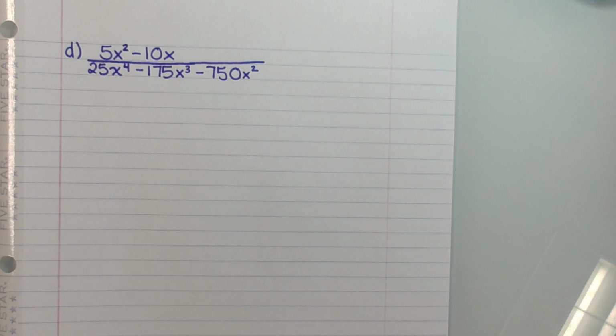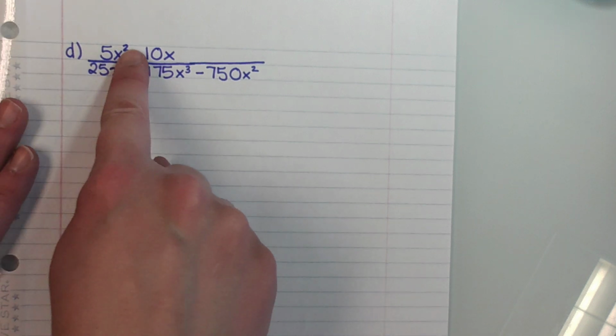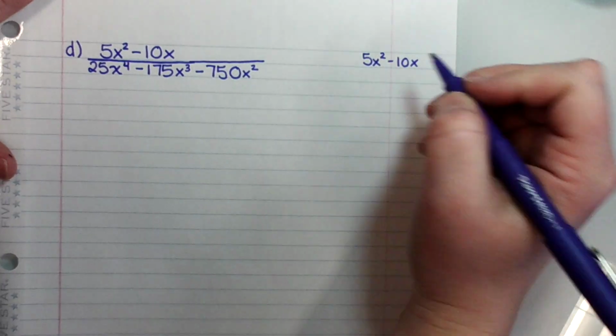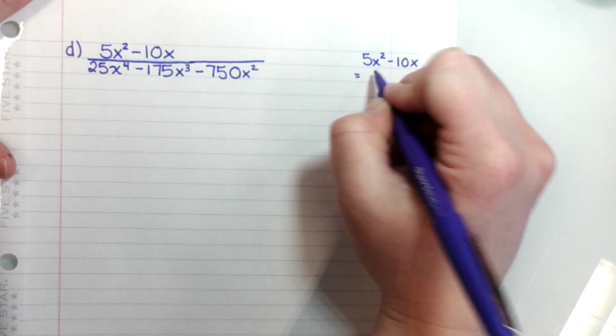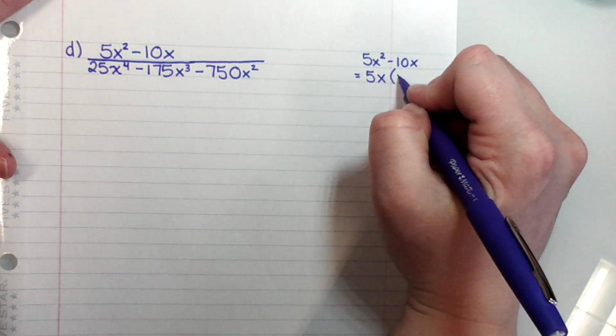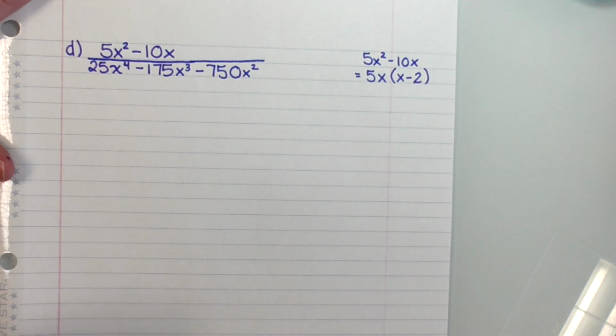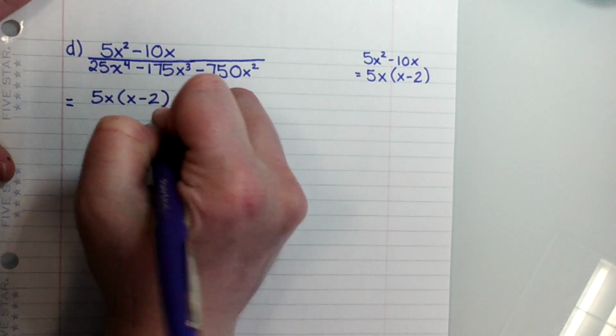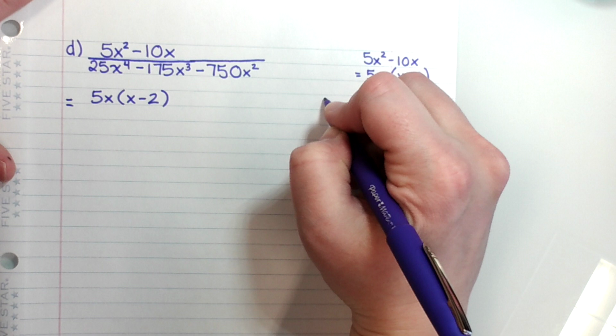Start by factoring. Factor the numerator, factor the denominator. You see pluses or minuses, you gotta factor first. 5x squared minus 10x. GCF? Just 5? 5x. Leaving me with x minus 2. Can I factor it further? Does it have exponents left? If it doesn't have exponents left, then GCF's all you got. That's the top.